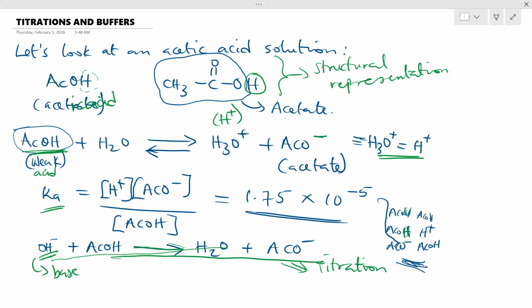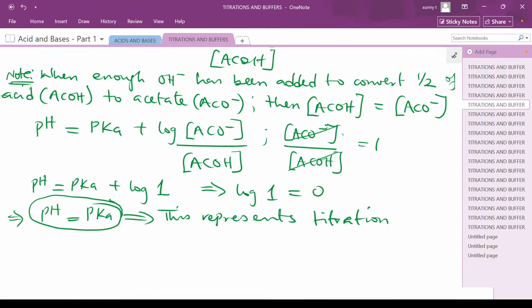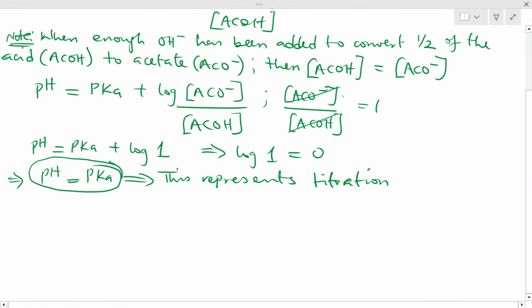So in the next page, we'll be recalling the Henderson-Hasselbalch equation. So when we recall the Henderson-Hasselbalch equation right here, let me put it here, recall.